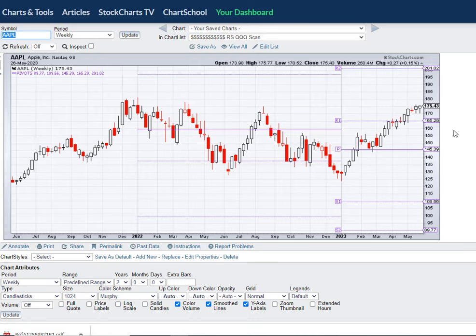So this is a weekly chart, and therefore in Stockcharts it gives you the yearly pivots. So here are all the pivots for 2023. They're good all year, and they're derived from the price activity in 2022. So we have the solid line here labeled P, 146.39.